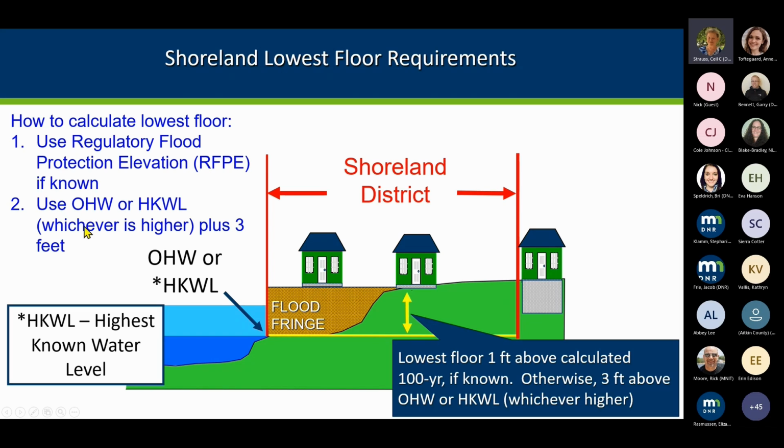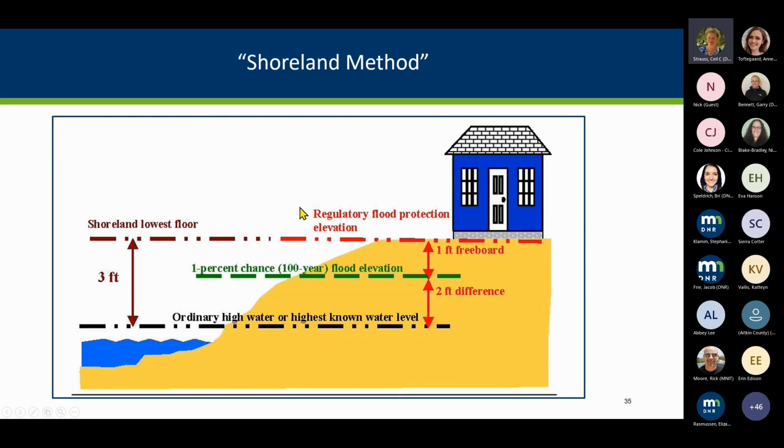But if we didn't know the flood elevation, we take the ordinary high or the highest known water level, whichever's higher, and we add 3 feet. And that's your low floor requirement. Now, if you compare our regulatory flood protection elevation, that includes a foot of freeboard, and our shoreland lowest floor, that 3 feet above the ordinary high.